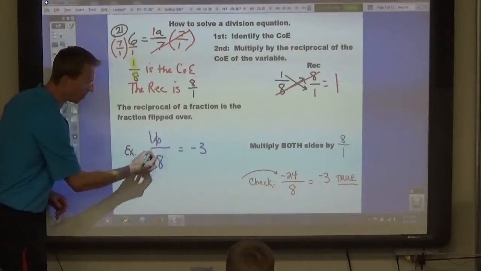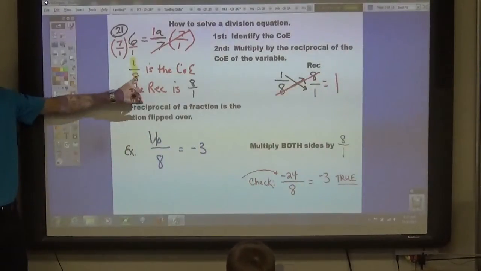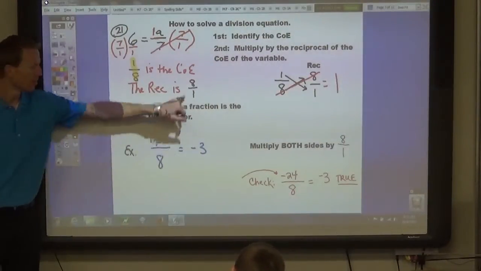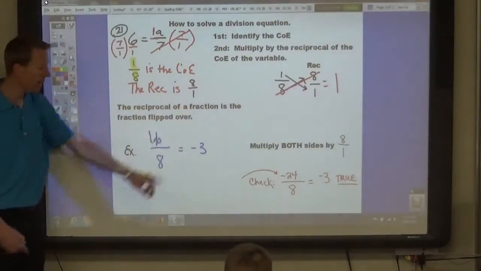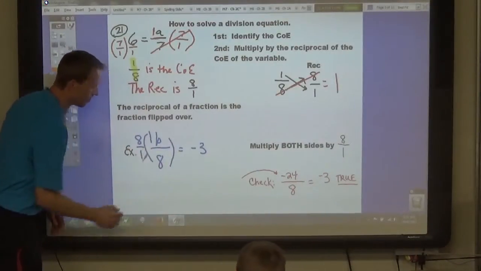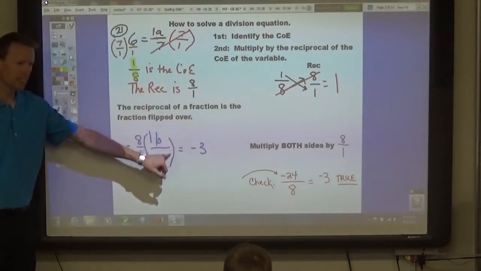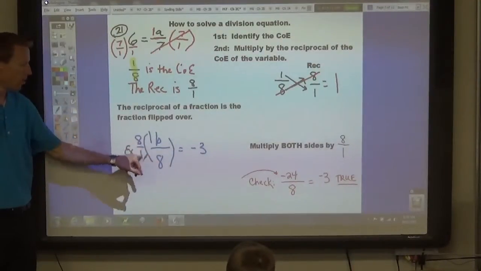So put the 1 there. Then, we already said that if the coefficient is 1/8, then the reciprocal is 8 over 1. We have to multiply by 8 over 1. So, I put parentheses around this, which shows the multiplication, and then wrote 8 over 1.